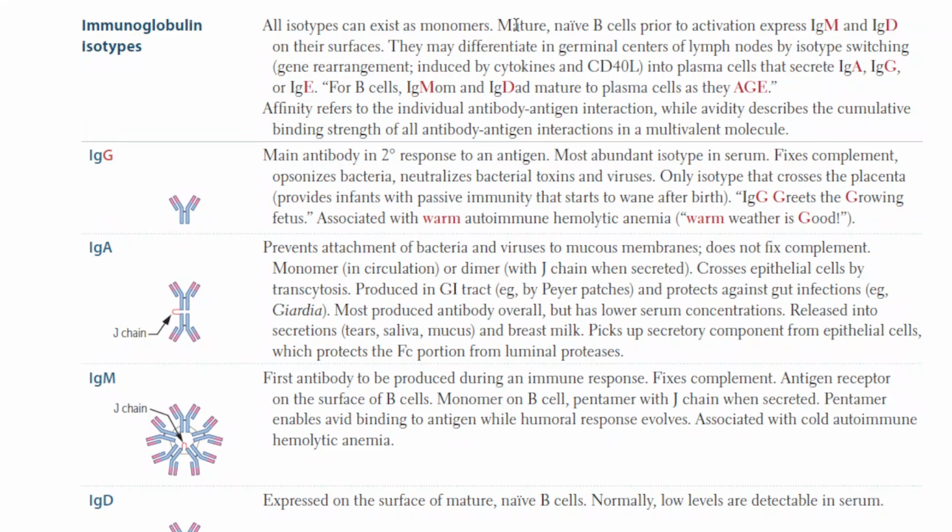So whether mature or naive, B cells present immunoglobulin M and D on their surface. Remember, doctors, MD. Those can differentiate in the germinal centers. Remember the germinal centers, the place where the B cells live.